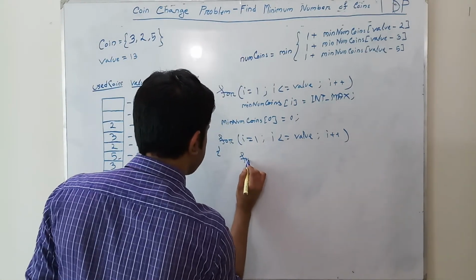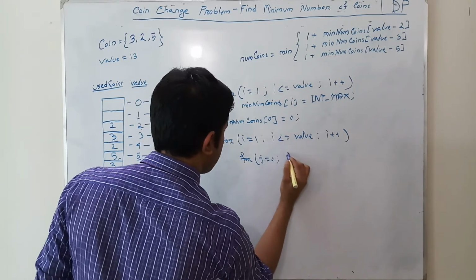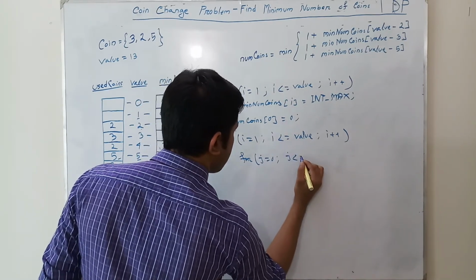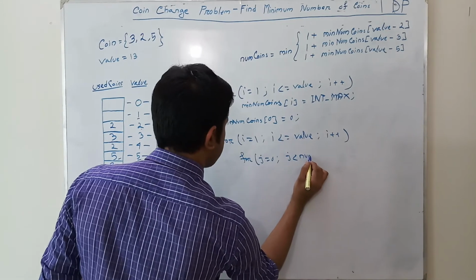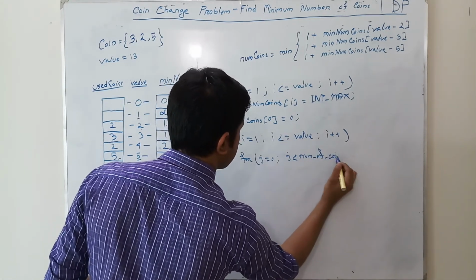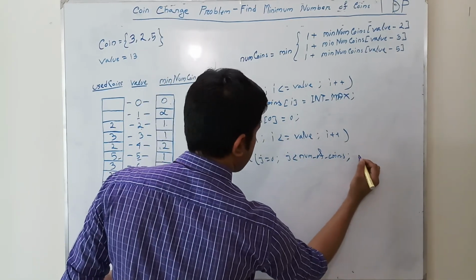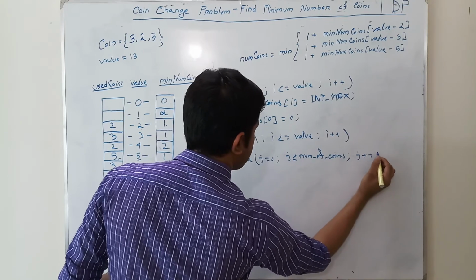For each coin, j equal 0, j less than the number of coins, that is here 3, j plus plus.